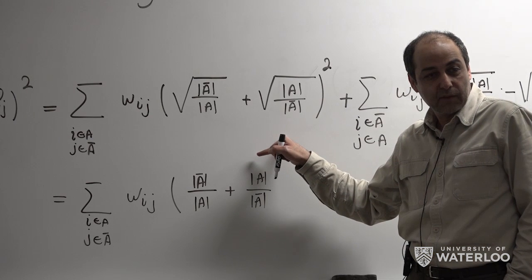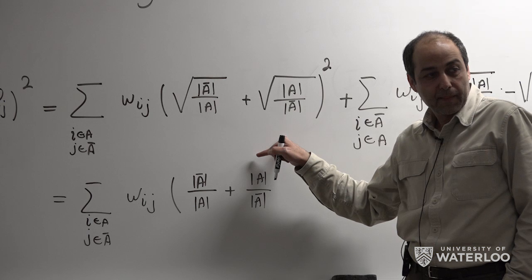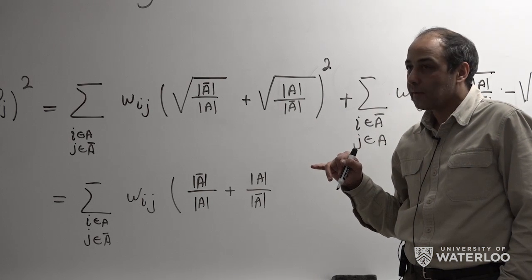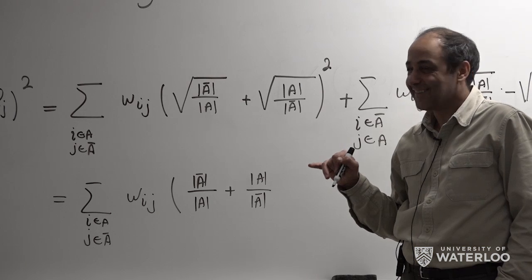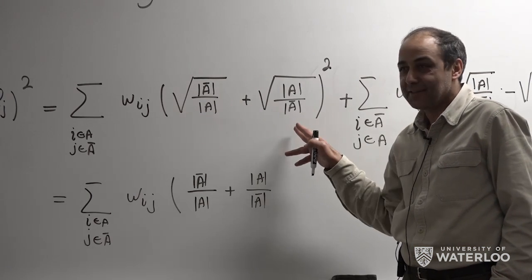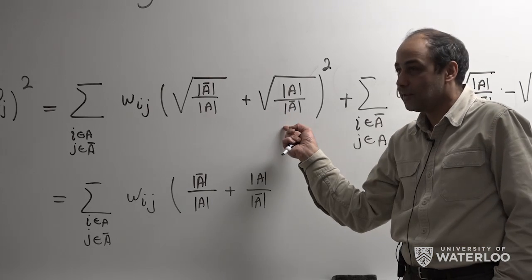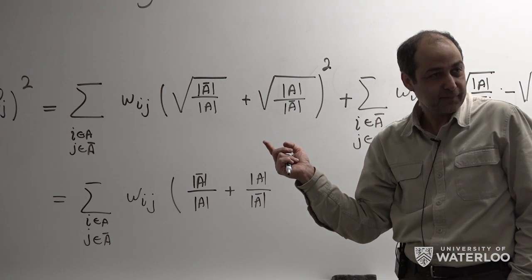And then I have 2 times the first term multiplied by second term. What is this term going to be? 1, or 2? Or 2, sorry. Yes, 2 times this is going to be 2, because this times this is going to be 1.